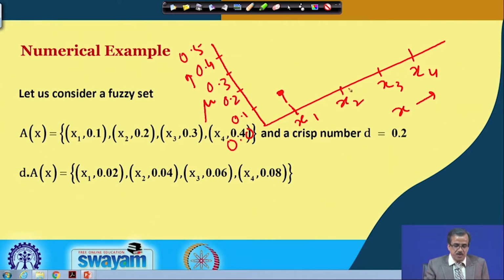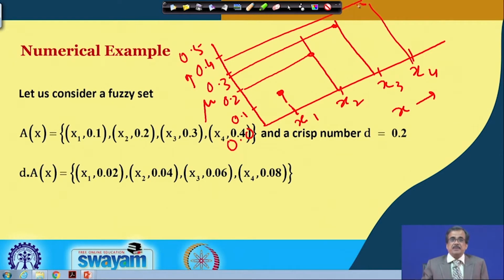Then corresponding to x2, I have 0.2, so I am here. Corresponding to x3, I have 0.3, so I am here. And corresponding to x4, I have 0.4, so I am here. This is the distribution of the fuzzy set A(x).